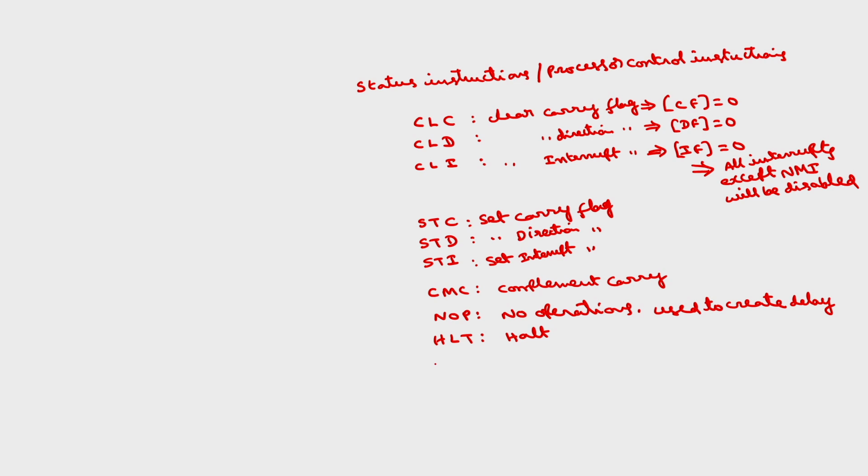Then we have the escape instruction, ESC. Whenever the microprocessor executes this escape instruction, the instruction control will be transferred to the coprocessor. So there is an 8086 microprocessor.